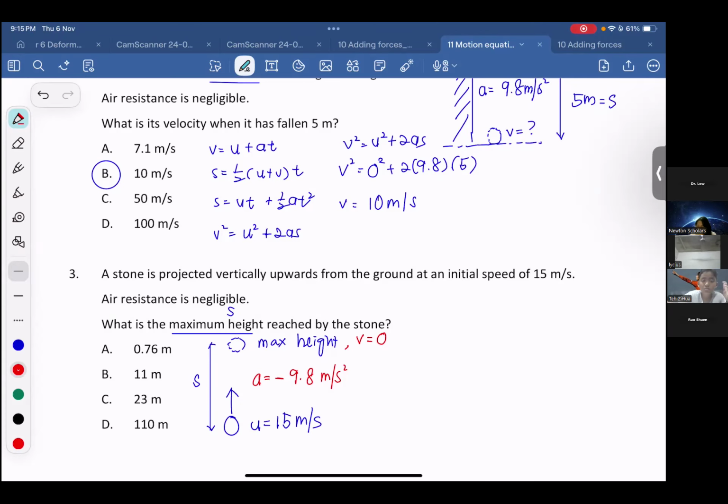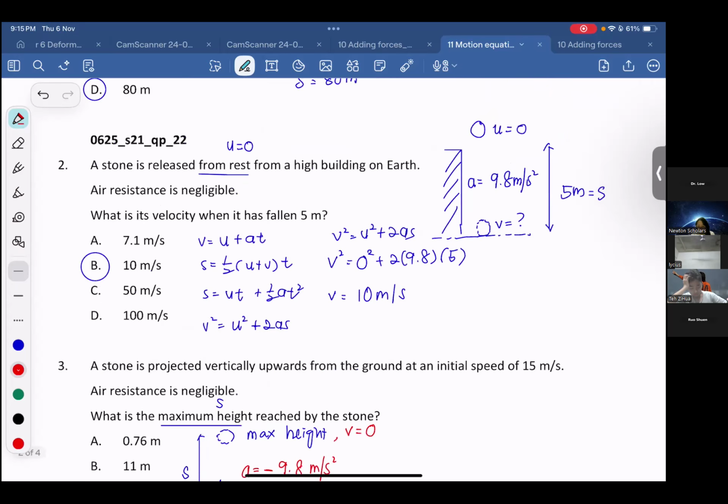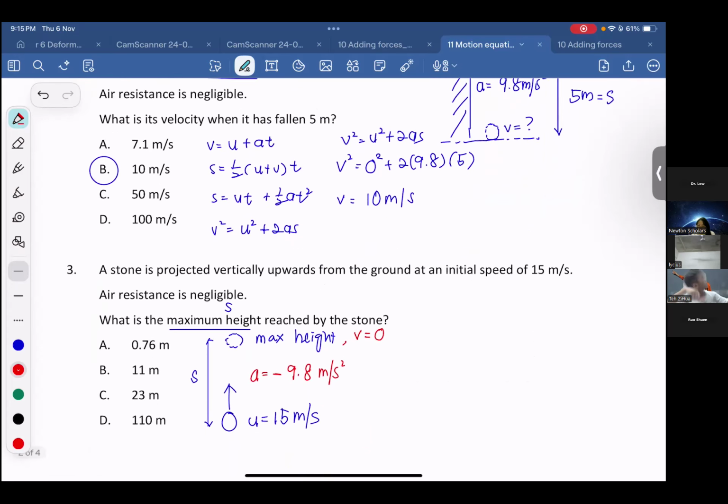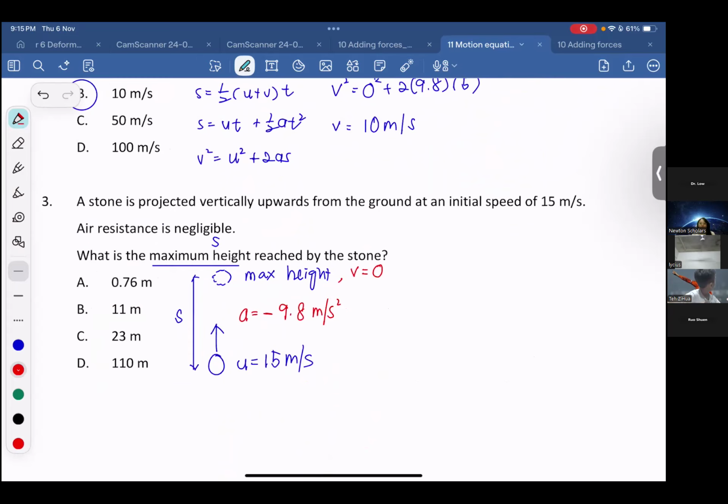Hui Tong correct. Hui Tong already got the answer. How about others? Any of you? Question number 3. What formula do you use? What is the final answer you get?